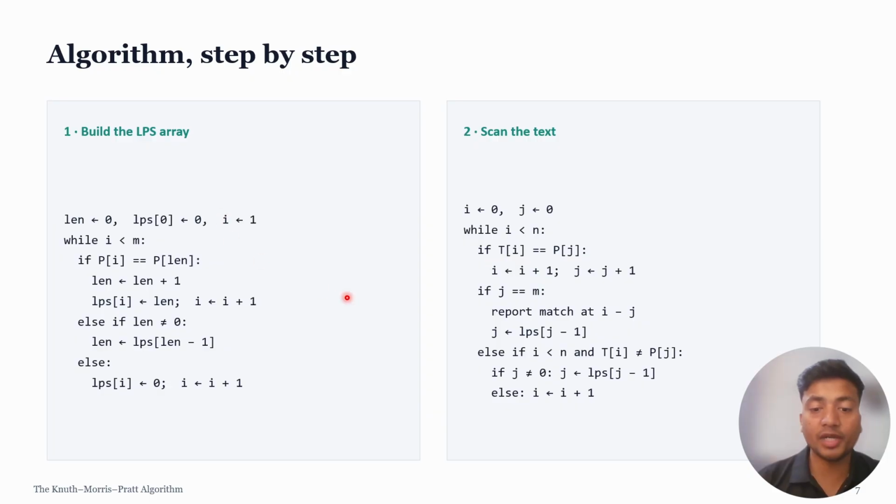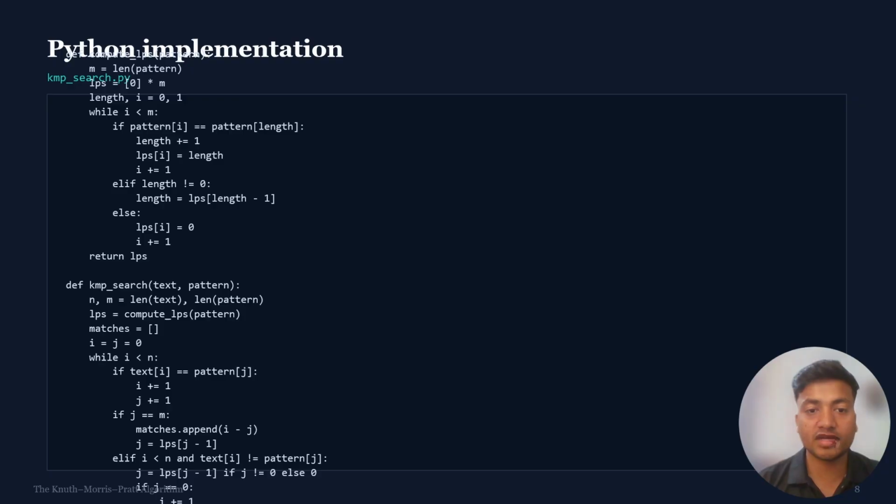Whenever a complete match is found, the position is reported. If a mismatch happens, the LPS array tells us where to continue without repeating previous comparisons. So the algorithm avoids unnecessary work. Let us continue from the next slide.